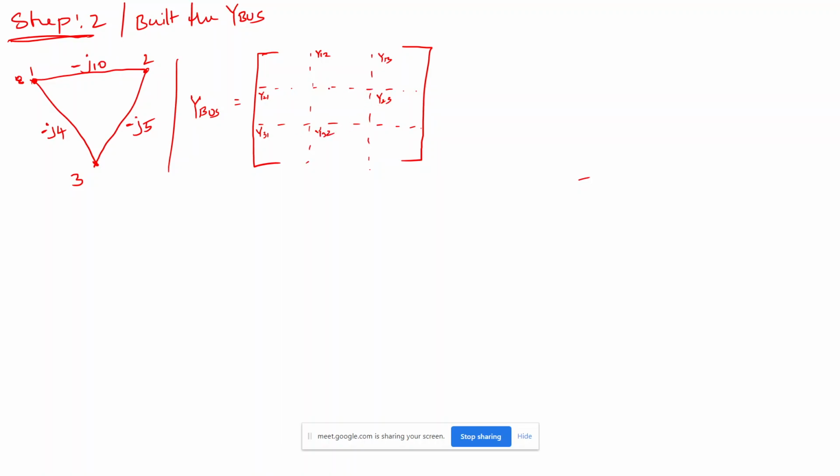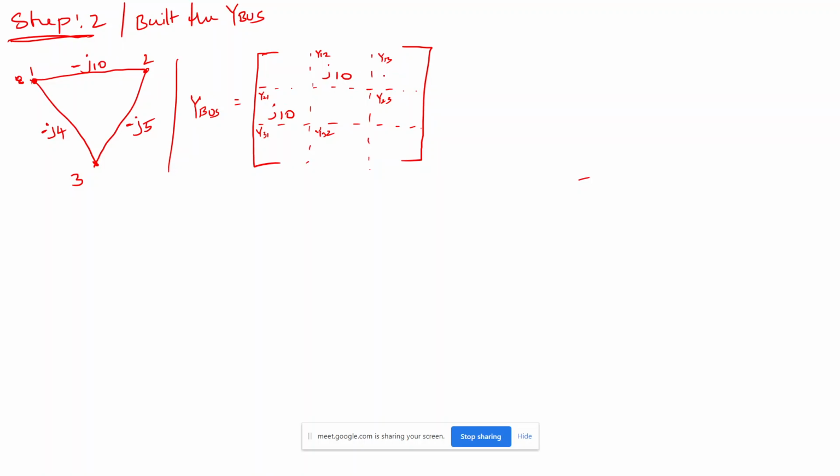So these are all the off diagonal elements, right? What is the Y12 value? Minus j10 already, in mutual means there will be a minus, so it will be plus j10. Here also j10, both sides will get j10, right?